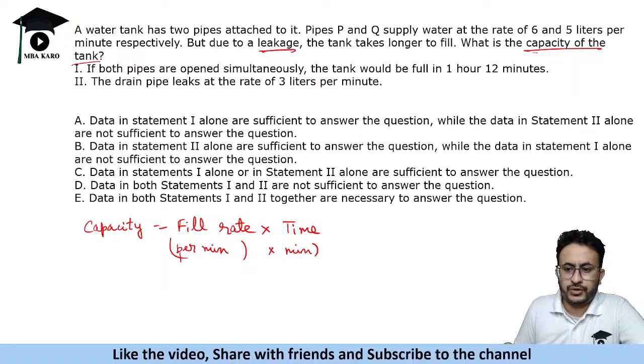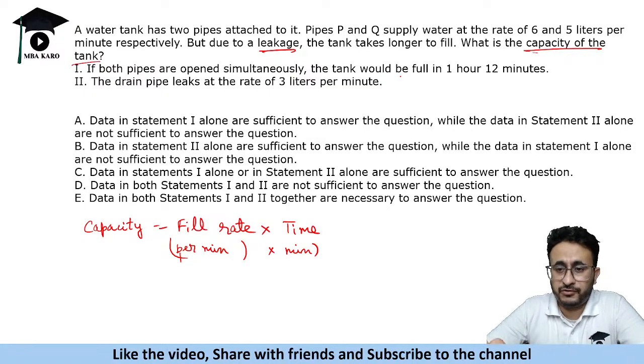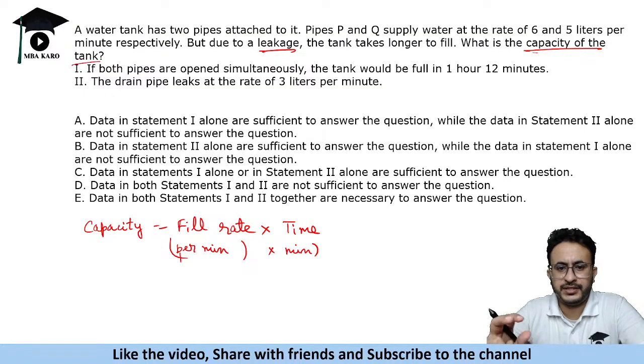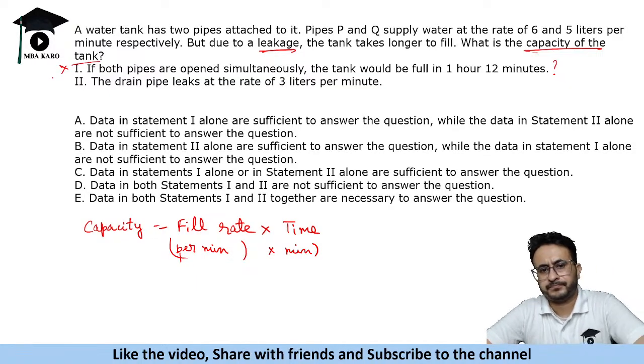Does it give the time taken by these pipes individually? When you say that if two things are opened together, you can fill in so much time, you need the time taken by these pipes to fill individually. That is missing, so we cannot answer using this.